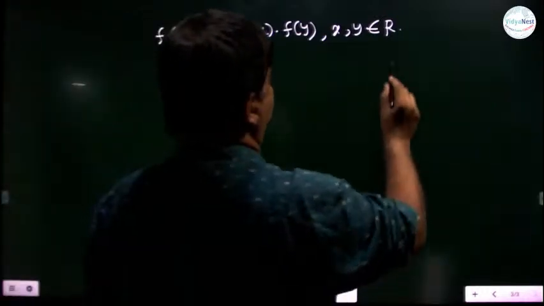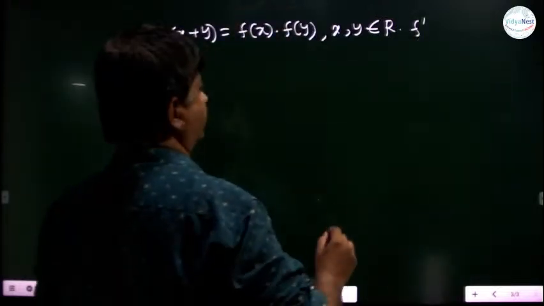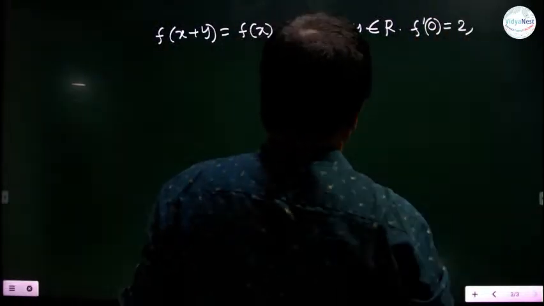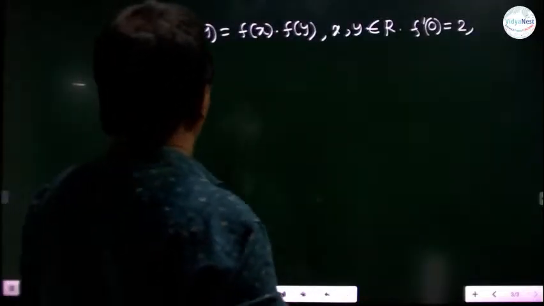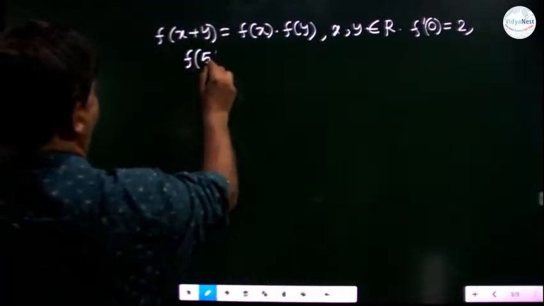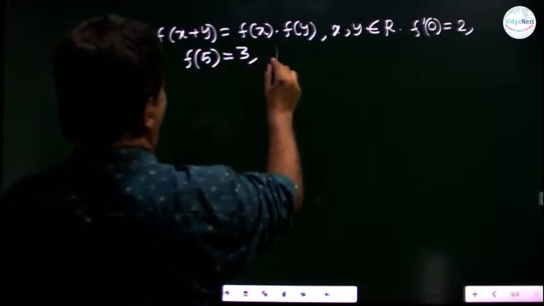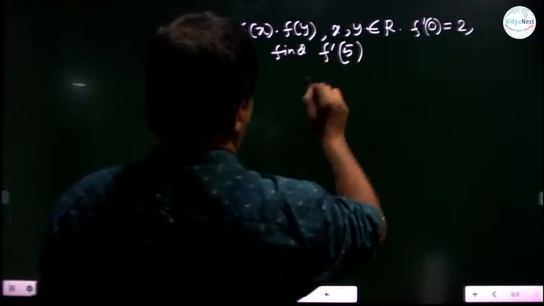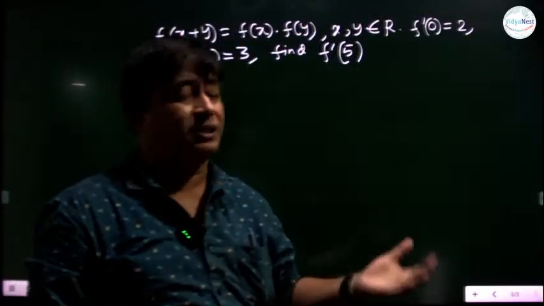Now, f dash 0 is given as 2, and f 5 is given as 3, then you are told to find f dash 5. This is a joint entrance level question of yesteryears.